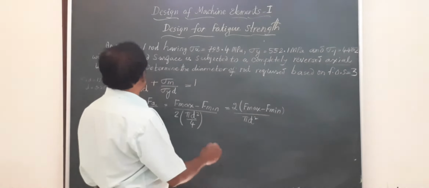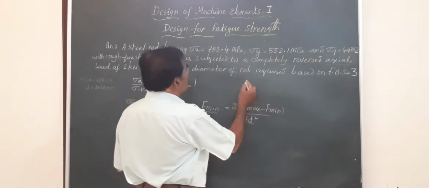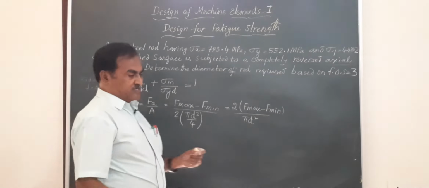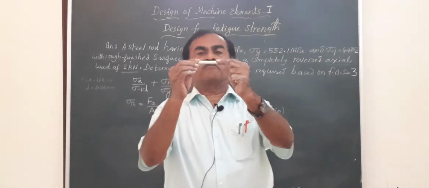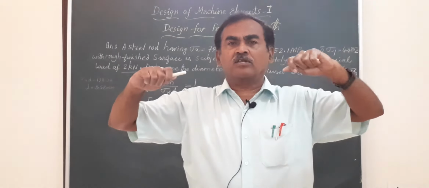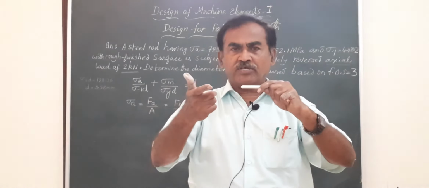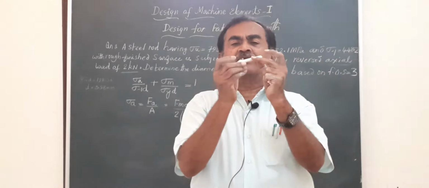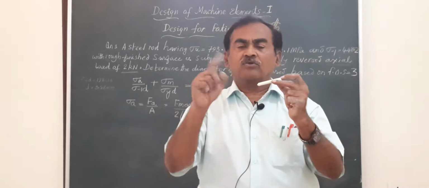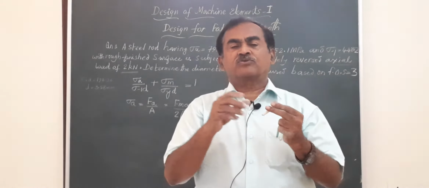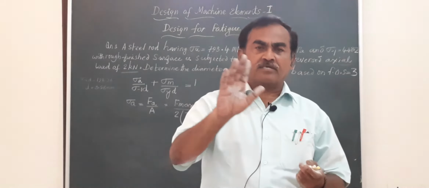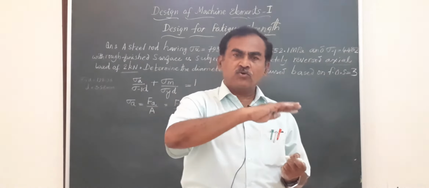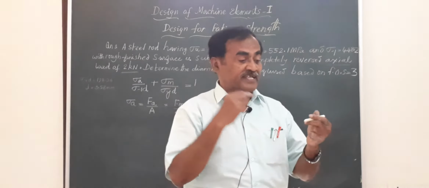Friends, the rod is subjected to a completely reversed axial load of 2 kilonewton. So friends, this is the member. If it is subjected to a pull, a tensile load of 2 kilonewton for some cycles, similarly the same load is reversed, meaning it is subjected to a compressive load of the same magnitude. So when I say the load is completely reversed, the maximum load is 2 kilonewton, and the minimum load is also 2 kilonewton but with a negative sign.